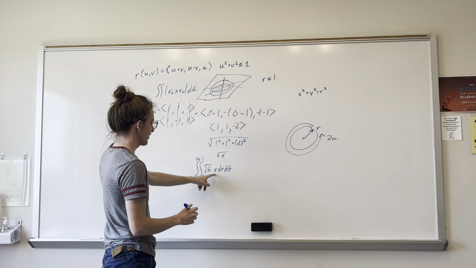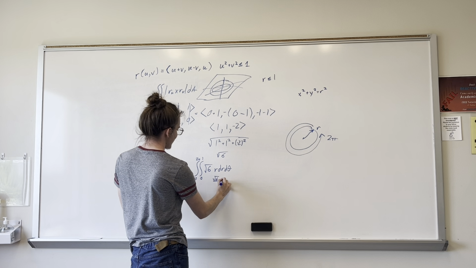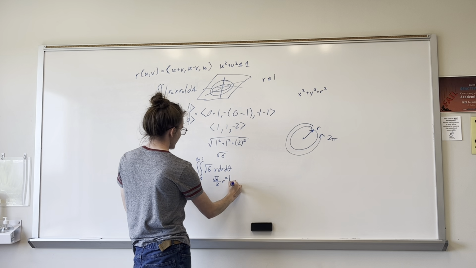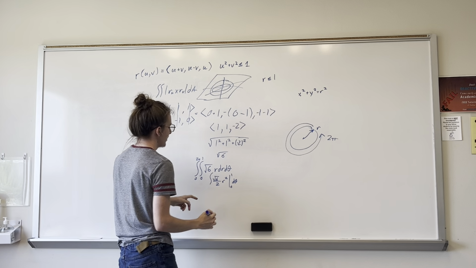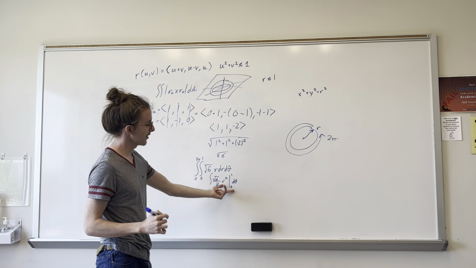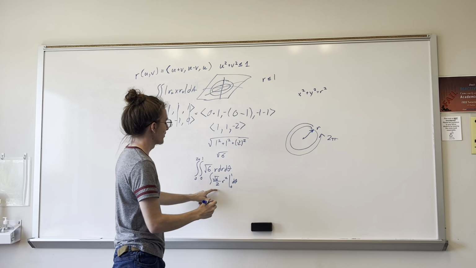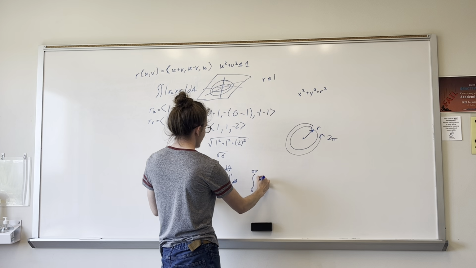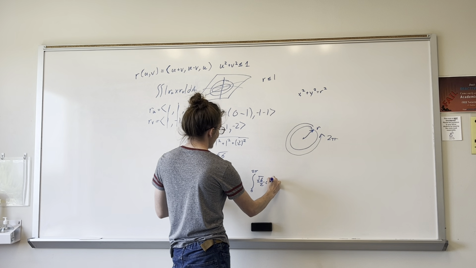Now we do have an r out there, so when we integrate it, we'll get square root of 6 over 2 r squared from 0 to 1. But r is 0 would be 0, and r is 1 would just be 1. So we have from 0 to 2 pi square root of 6 over 2 d theta.